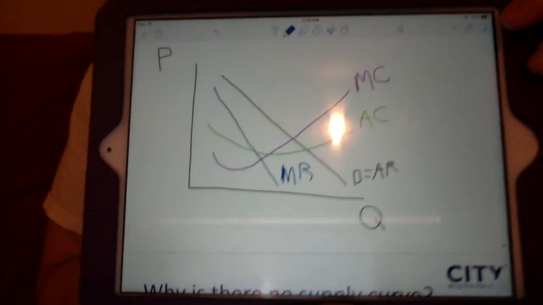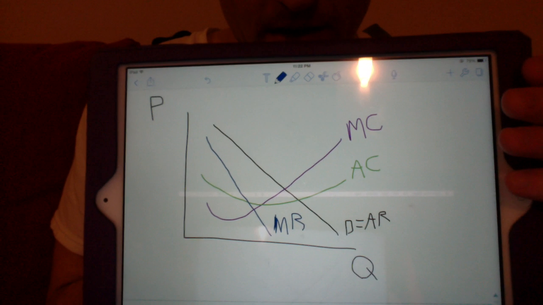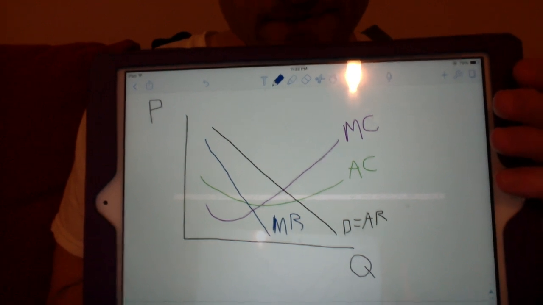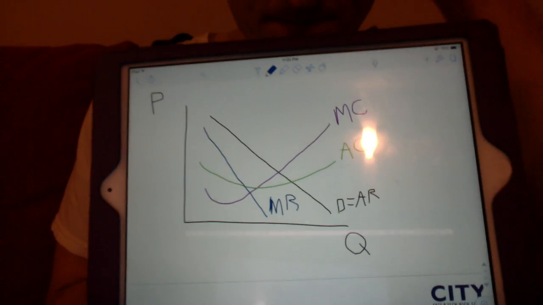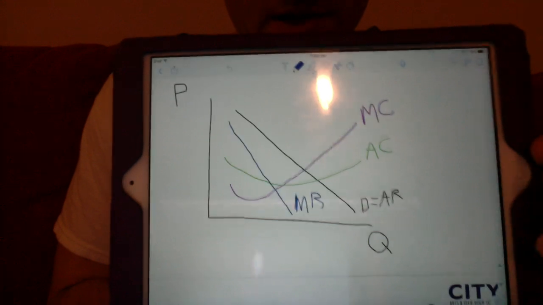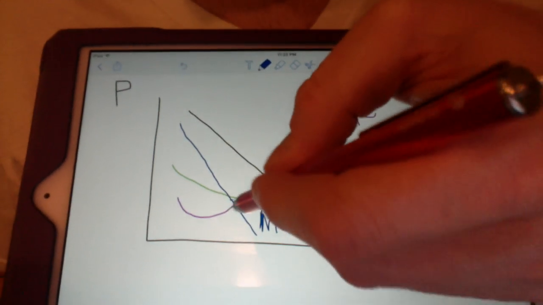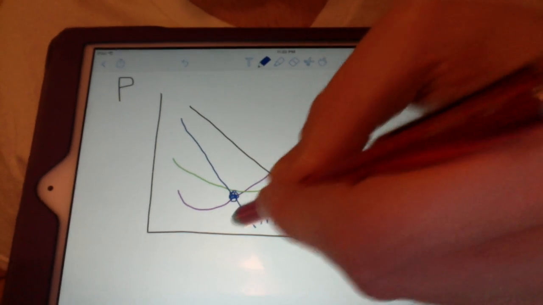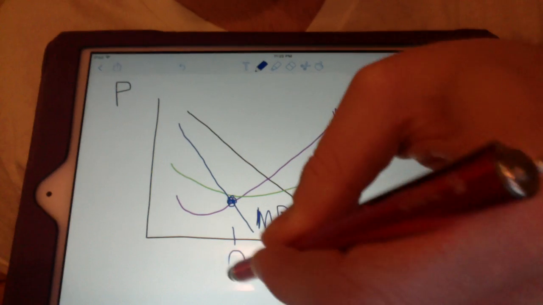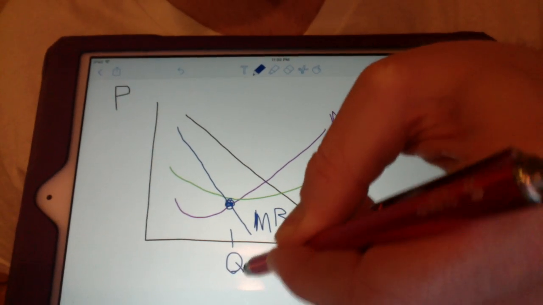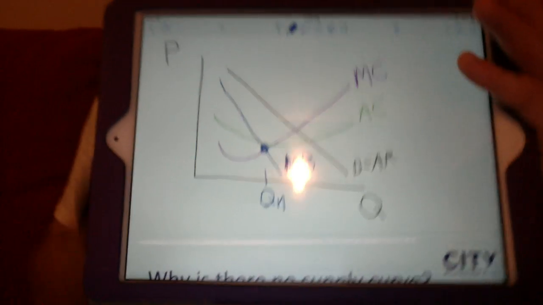Okay, so let's find some key points on this graph. All right, let's start with where does the monopolist sell? So they're going to sell where marginal revenue equals marginal cost. Where is that happening? Right here, where the purple and the blue intersect. So that is the quantity that the monopolist produces. But how much are people willing to pay for that quantity?